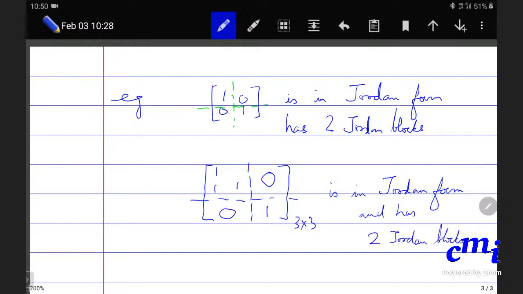I just took a special case where all the eigenvalues are the same.